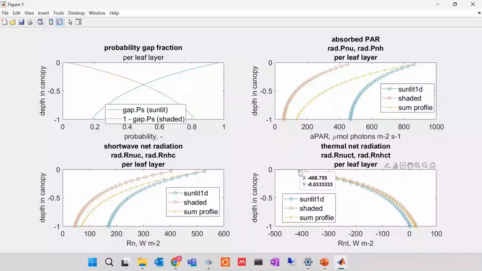It's in the domain above solar light. They receive only radiation from the atmosphere. We'll see it in a minute. But closer to the bottom, they also receive radiation from neighboring leaves. That's why the net radiation is negative, very negative at the top and then neutral, almost around zero at the bottom, because it's a thermal radiation.